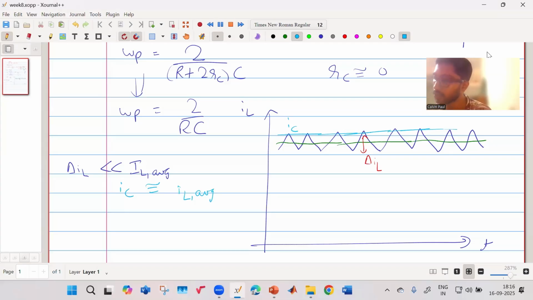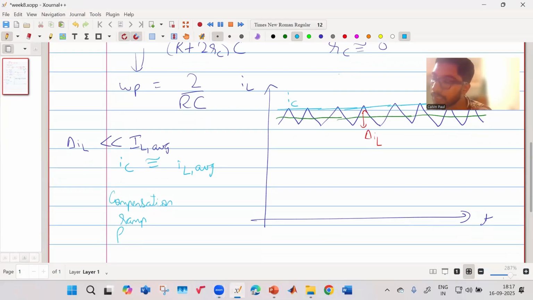Also, one more thing is there is something known as a compensation ramp. If you remember, in the lectures where Sir talked about fixed frequency and variable frequency, Sir was saying that in variable frequency you do not need a compensation ramp, but peak current mode control requires a compensation ramp when your duty is greater than 0.5.